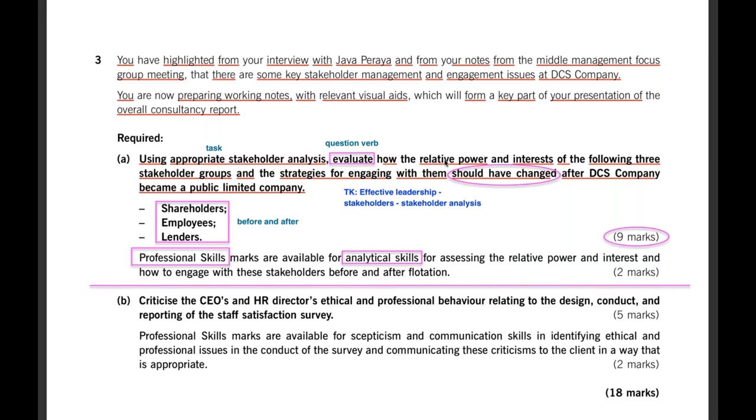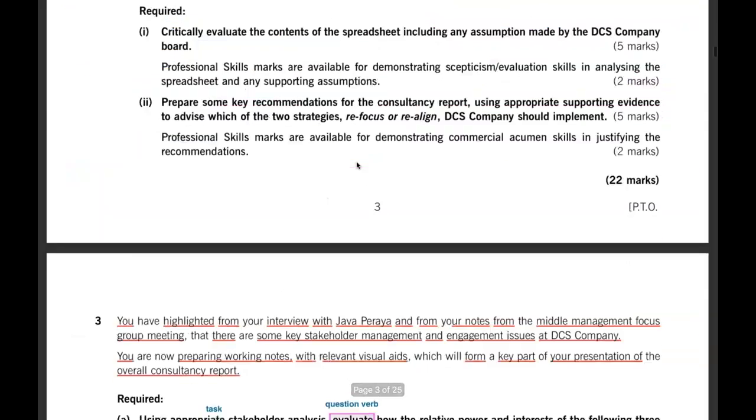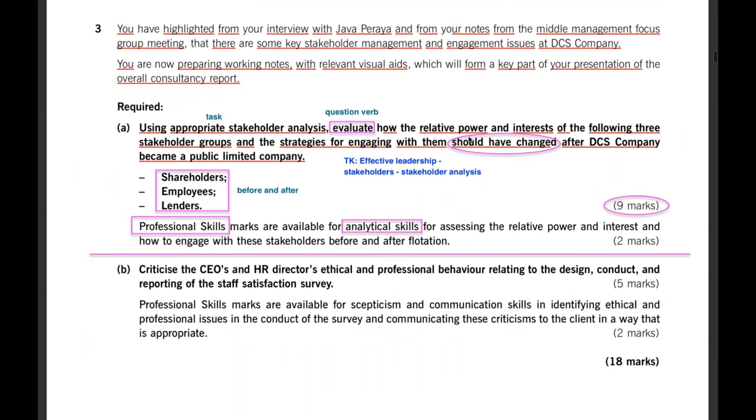So why do I circle this? Evaluate, you can go back to the question verb that I've already provided you with just now. All right, here. But why do I circle this? Why is it so significant that I must understand this one?